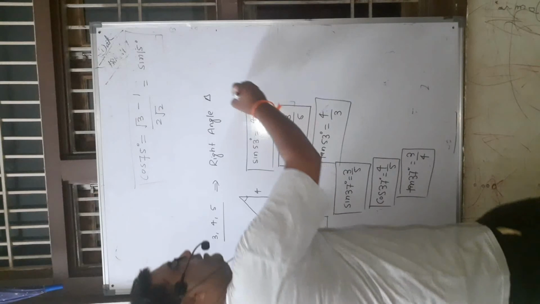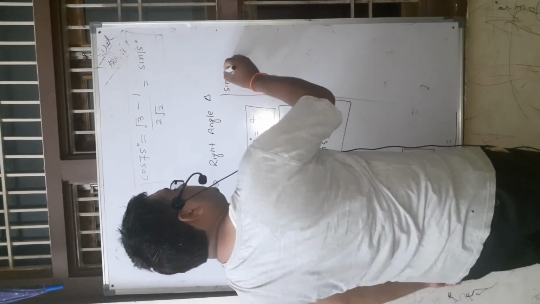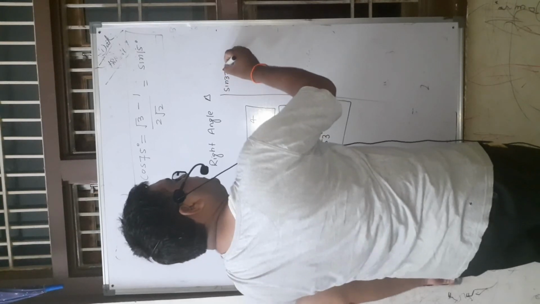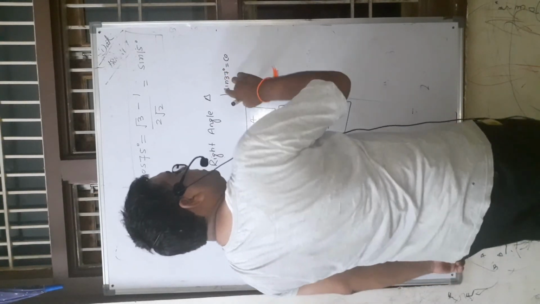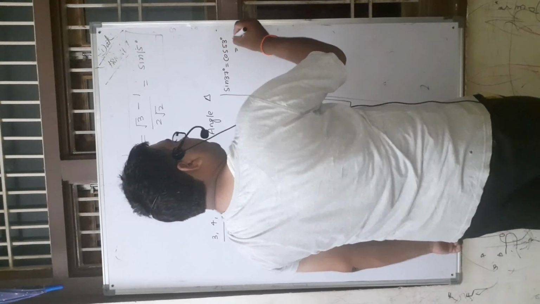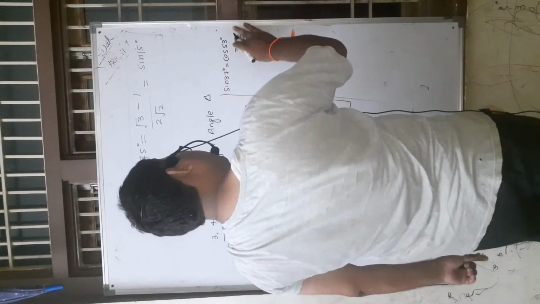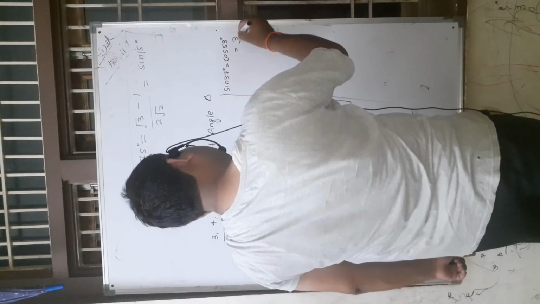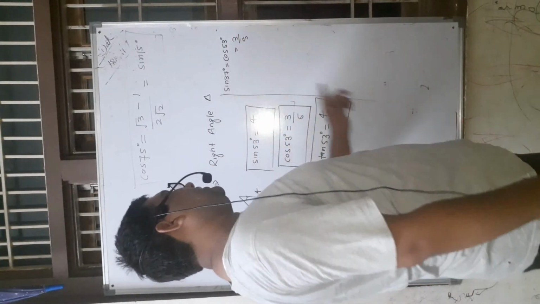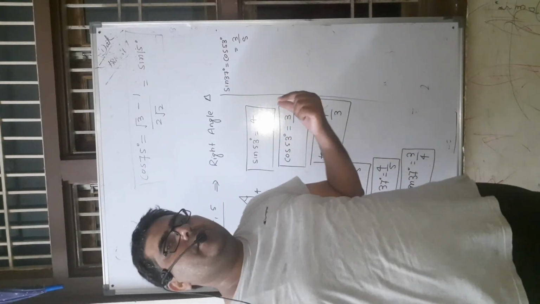So here we write down sine 37 is equal to cos 53 degree, equal to 3/5. As we know, smaller the angle in sine, smaller the value.